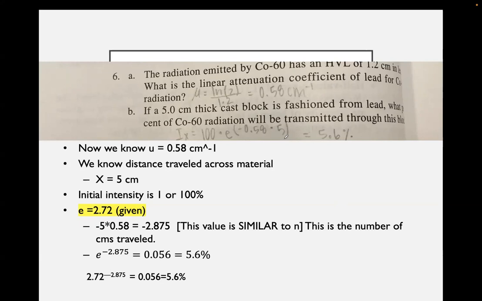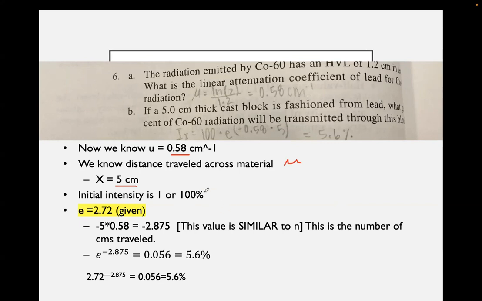What percent of cobalt? Okay, so we already figured out from the last problem that the linear attenuation coefficient is 0.58. So we know that. And then it also told us that it's going through 5 cm of lead.